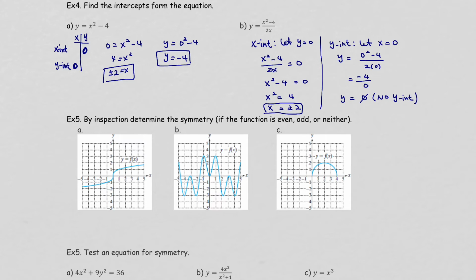The next example is asking what type of symmetry this is, right? So the graph right here is this. This is the graph. The part of the graph on the first quadrant matches the part in the third quadrant, right?